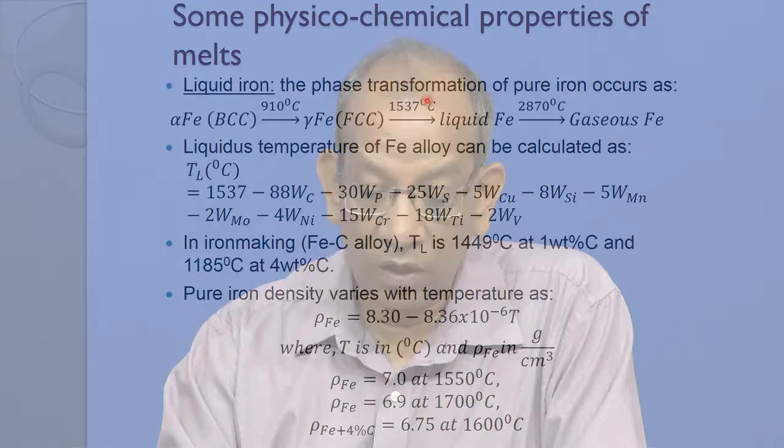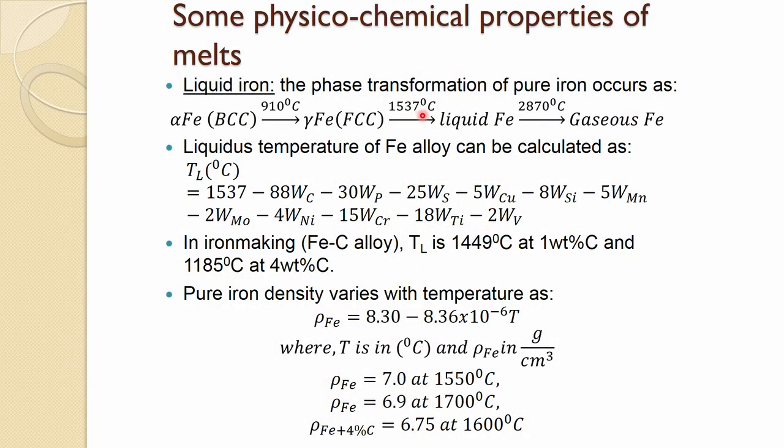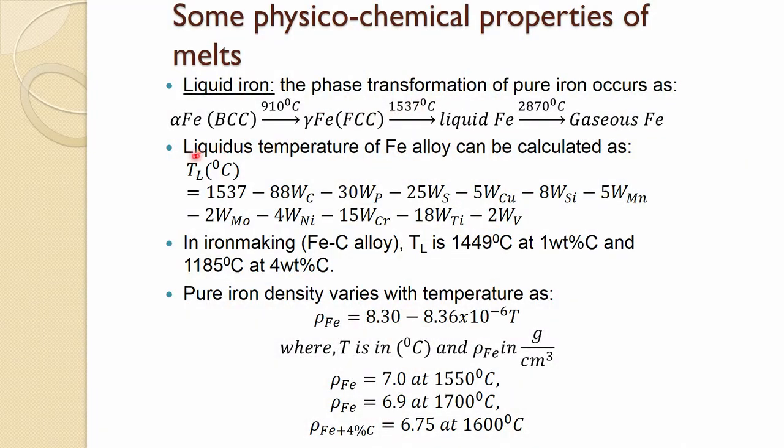However, for impure iron, the liquidus temperature is decreased. So, we will see the effect of impurities on the liquidus temperature. Liquidus temperature is the temperature at which it completely melts, or is completely in liquid form.